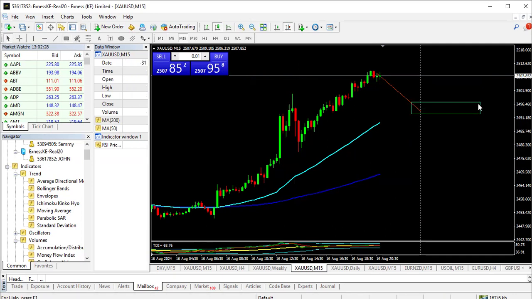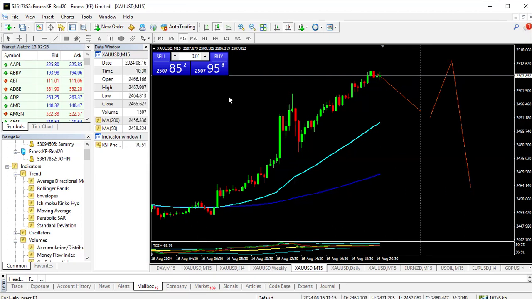Can consolidate at that particular area. That is one. Number two, the market can just drop during the Asian session. After Asian, the market can come back. Maybe you can even make a higher high and then drop during the NY session up to this particular area. And then maybe on Tuesday, we can have a second leg here.